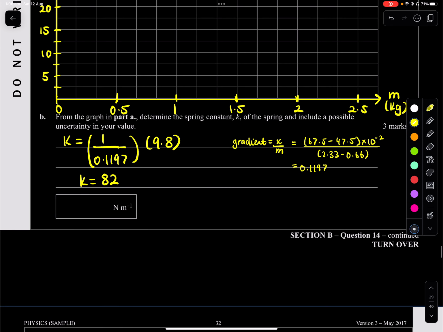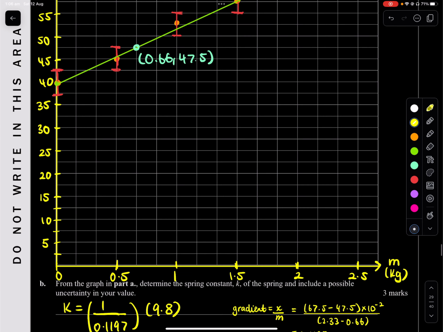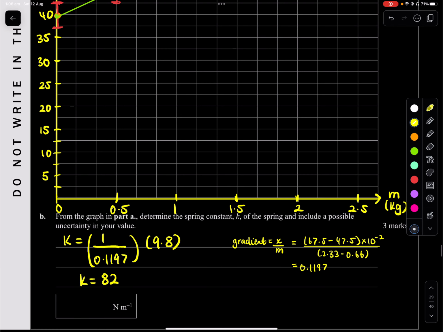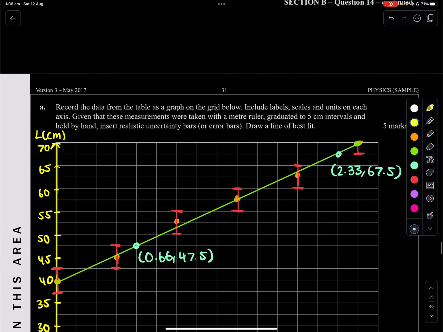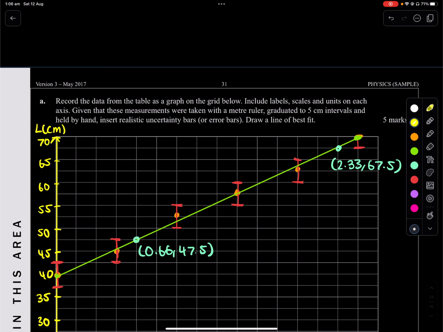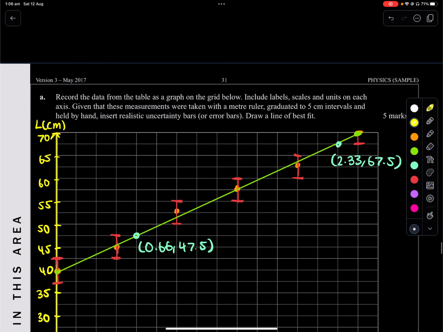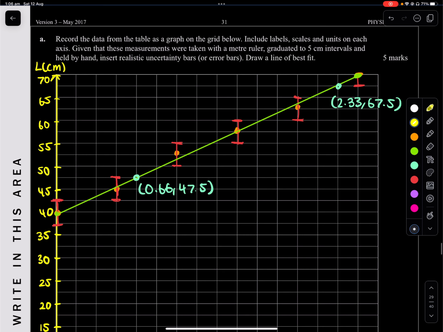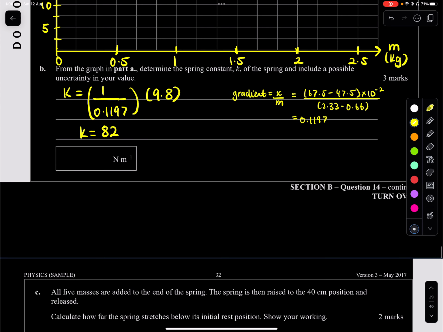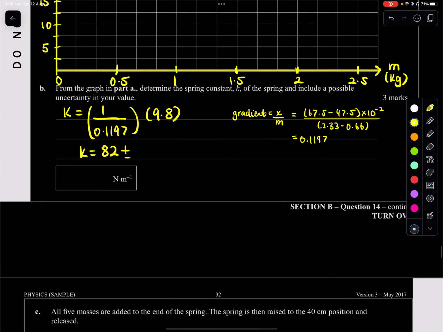It wouldn't affect the x variable. So we have that, times 10 to the negative 2. So your uncertainty, it's 2.5, but rounding it up, it's 3. So we can say plus or minus 3.